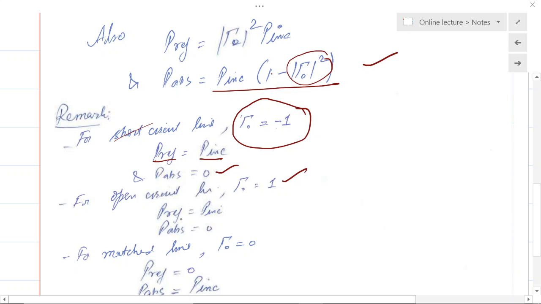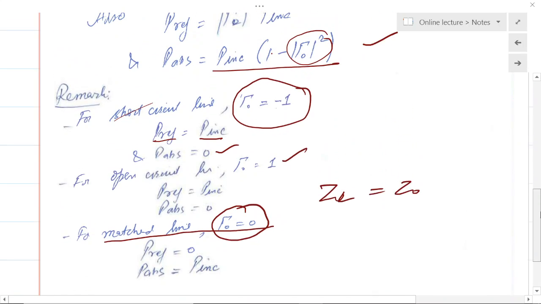In this case also, the total power is reflected back and no power will be absorbed. And for the special case when the load is matched to the transmission line, that is ZL equals Z naught, the reflection coefficient is 0, no power will be reflected back, and the whole power is absorbed by the load.